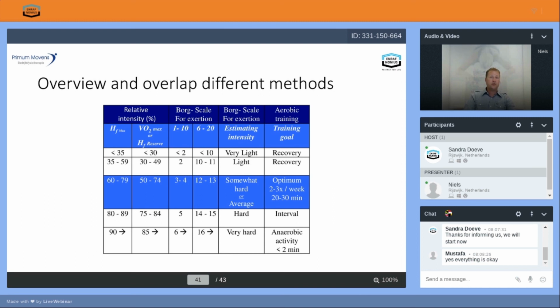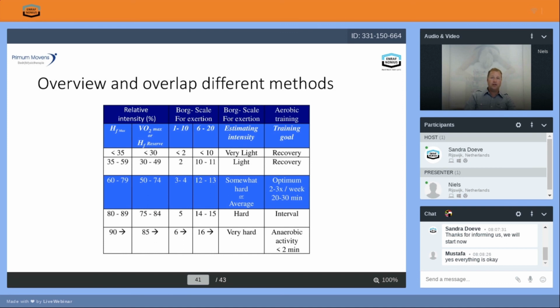In the second row, you see the VO2 max or the heart rate reserve method. That's the Karvonen method. There you also see the intensity percentages. Then you have 3 rows with the Borg scale, the 1 to 10 Borg scale and the 6 to 20. And you have the Borg scale in words in the 5th row.